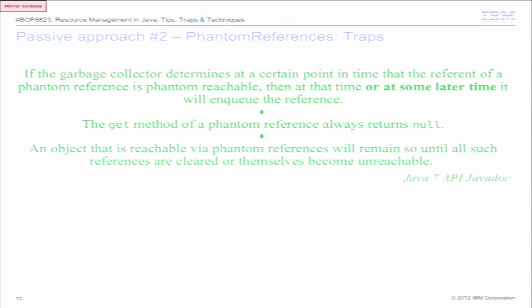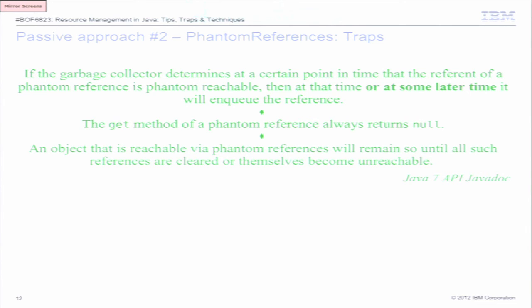And thirdly, an object that's reachable by phantom references will remain so until all such references are cleared or themselves become unreachable. So this is really interesting and a little bit odd, because although there's no way of getting a reference back from the phantom reference to the object that it's tracking, nevertheless, that object remains phantom reachable until such point as you've dealt with and thrown away all the phantom references.